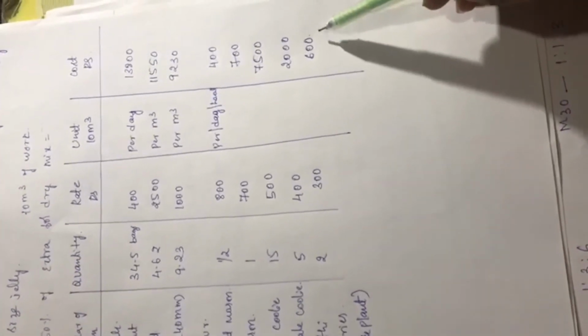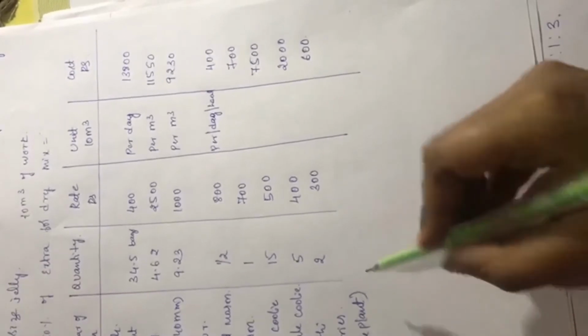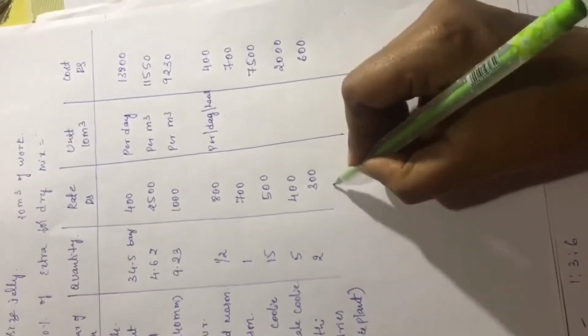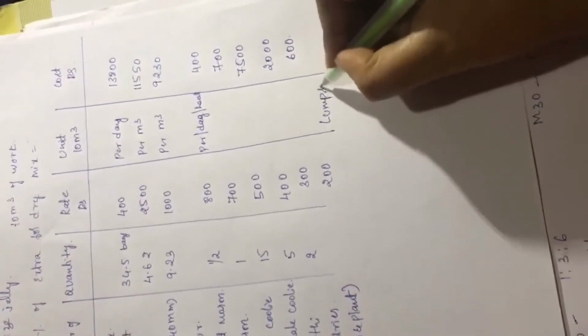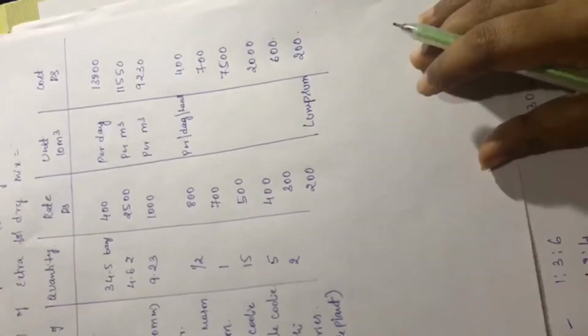Again, sundries, we will give 200, considered as a lump sum. Lump sum is nothing but an amount we consider for the overall project.